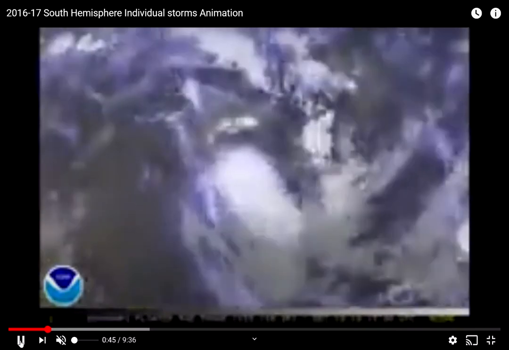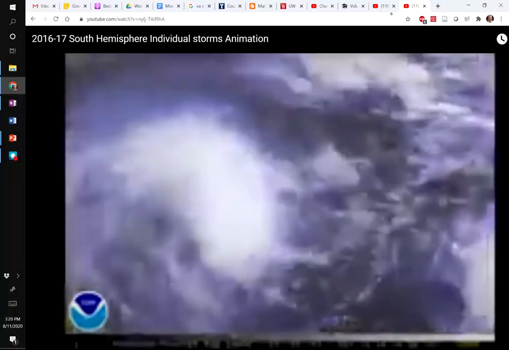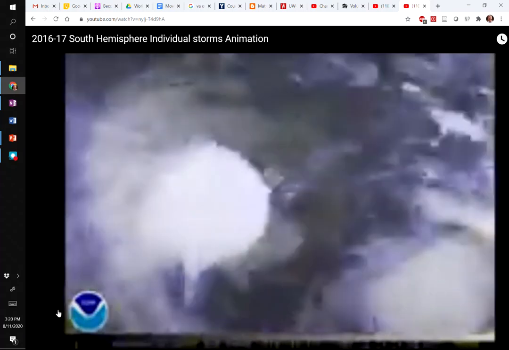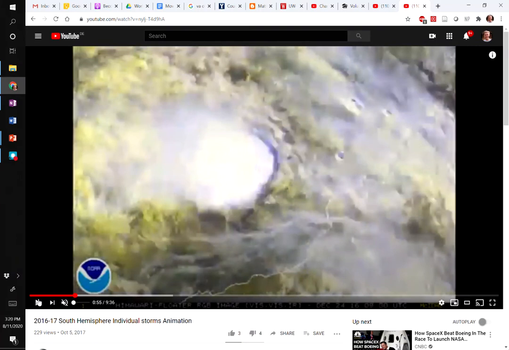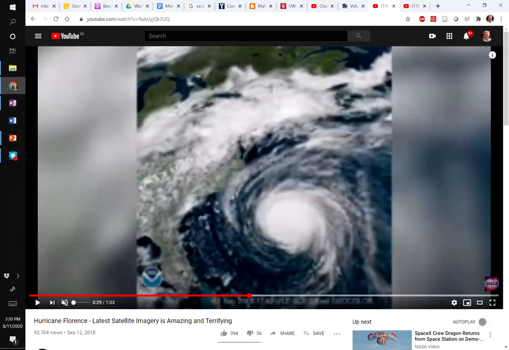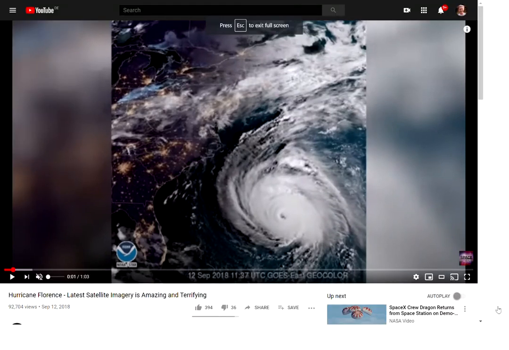So you can see that in all of those. So interesting, in the southern hemisphere we get a clockwise rotation, or the opposite of what we calculate for the northern hemisphere.